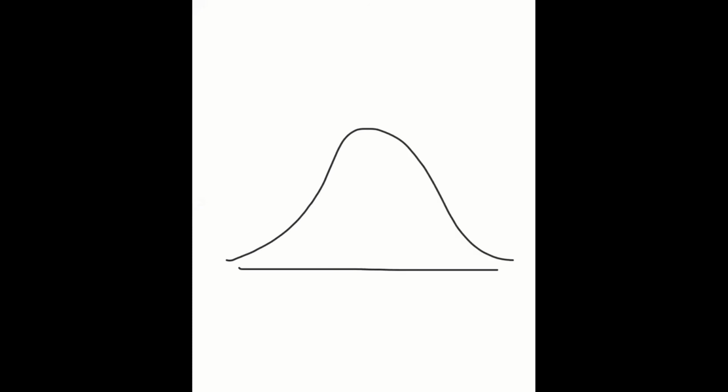Let's say we have this normal distribution. That's going to be our z-crit. It's going to be 1.96 and negative 1.96.